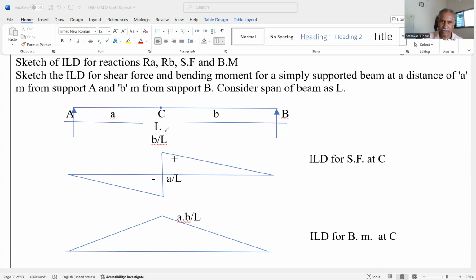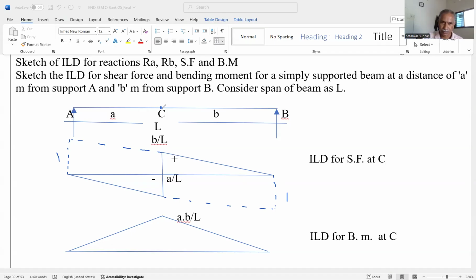So at point A, we can draw the vertical line, or we can first draw the ILD for RA, and similarly below the reference line we can draw the ILD for RB like this. This is the ILD for RB with -1 ordinate.